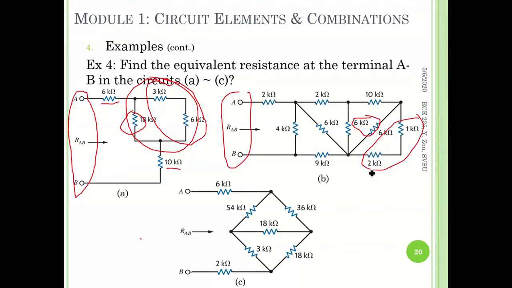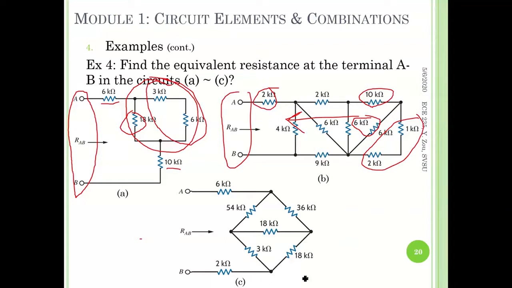After combining these 2 parts, you see another series with 10K. And so on and so forth, move towards the beginning of the circuit. And at the last step, you can imagine that it is actually in series with this 2K up here. So try yourself to see if you can get the correct result.